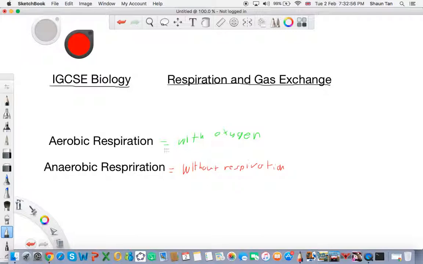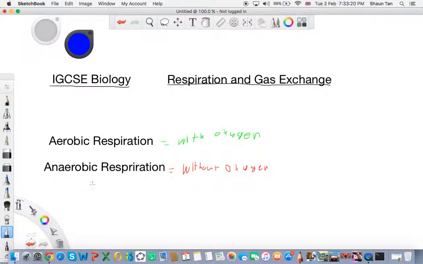Aerobic respiration means with oxygen, and anaerobic respiration means without oxygen.